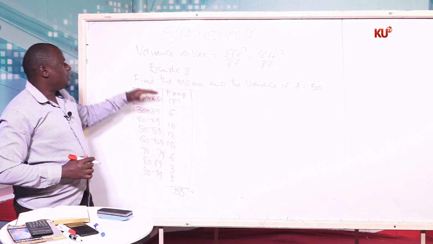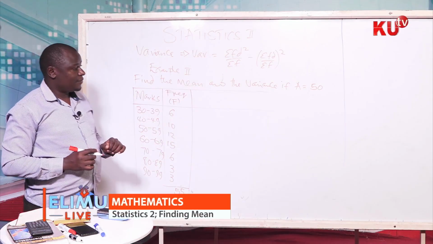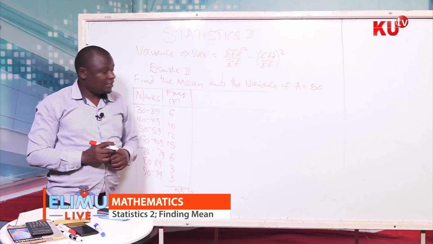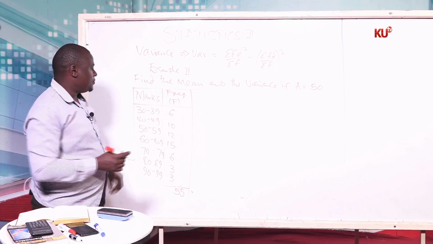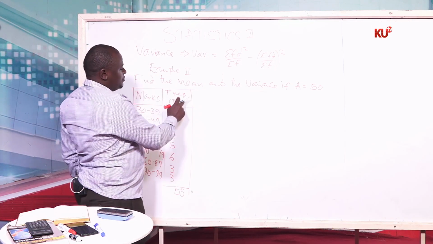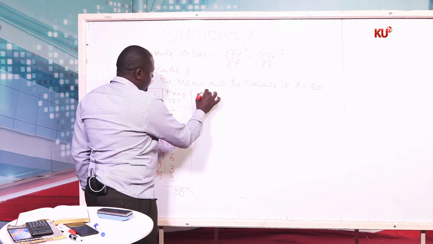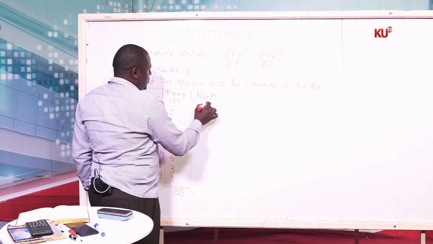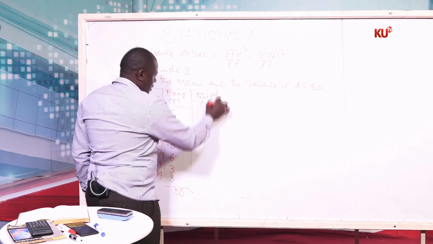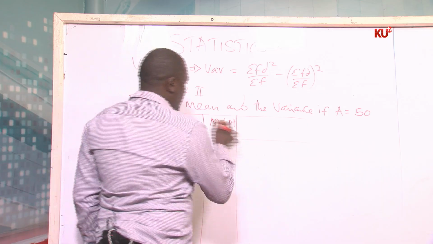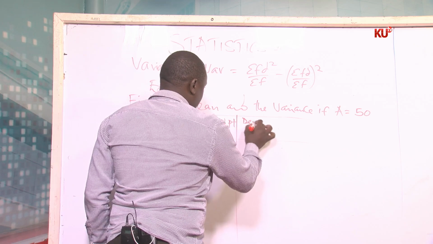With this table, we can go ahead and get the mean and get the variance. So we are going to do as we had done previously. This is marks, then frequency. We have now the midpoint, which we are calling x. Then after midpoint, we have another column called deviation.